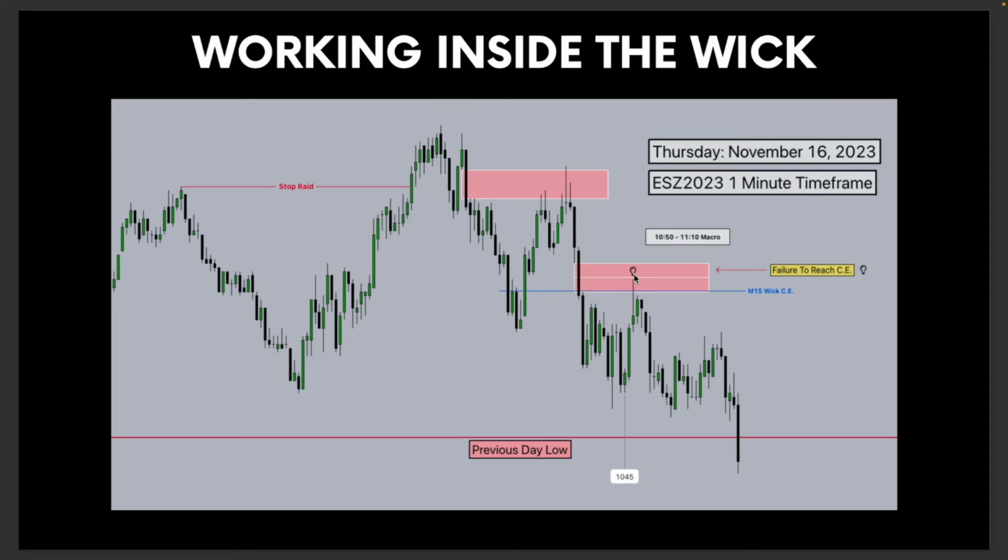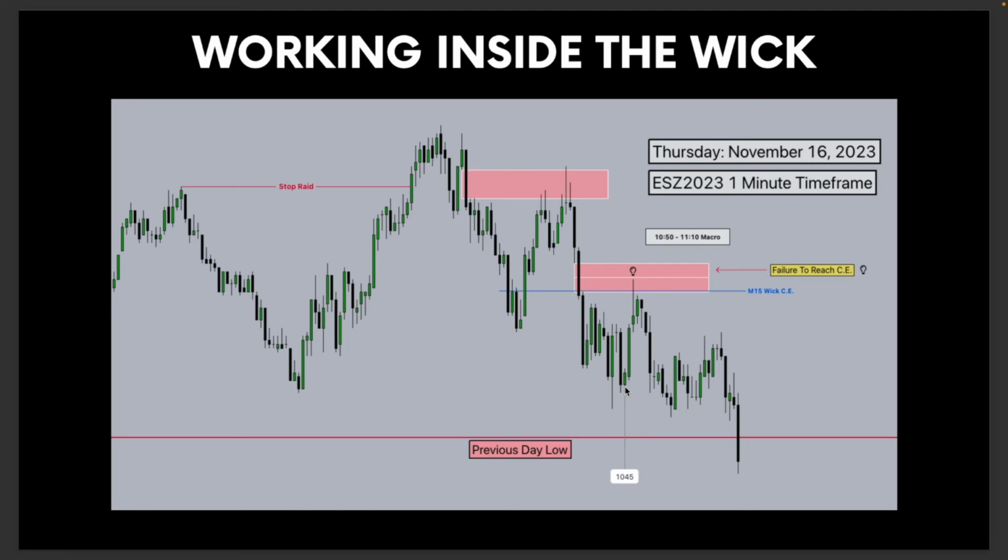Okay, so yes, we wicked above the CE of the 15-minute wick, but we were just reaching into this inefficiency here. After we move away from that, we're inside of the 1050 to 1110 macro, where we'd expect price to start gravitating towards a liquidity pool. So in this case, it's that previous day low.